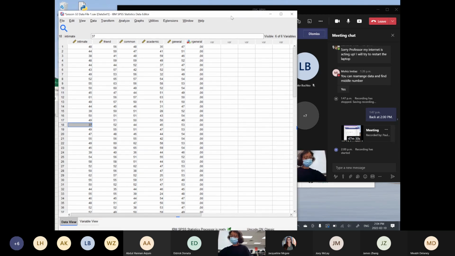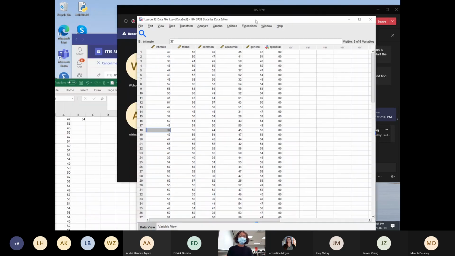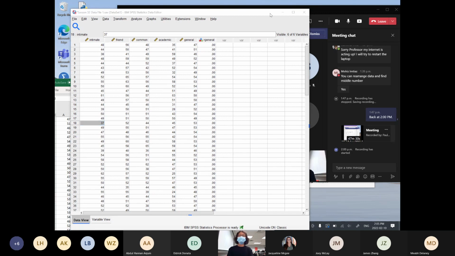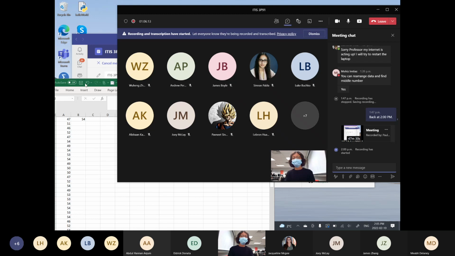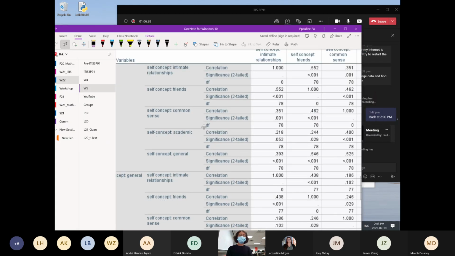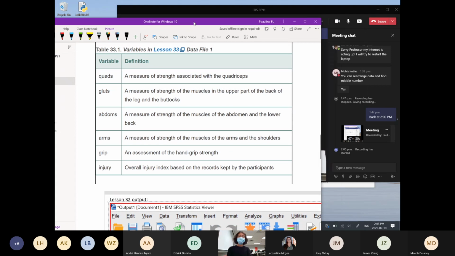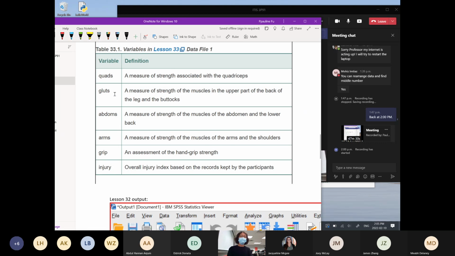So in lesson 33, we are going to use data involving these variables: quads, glutes, abdomens, arms, grip, injury.